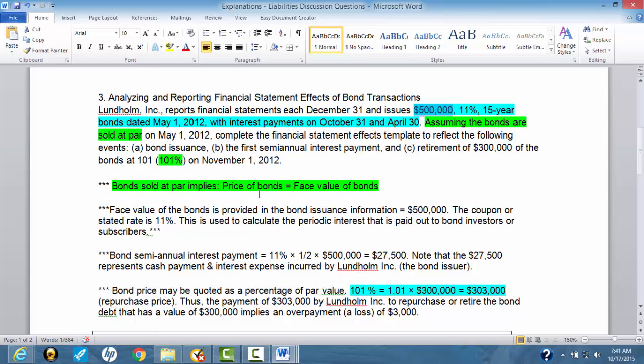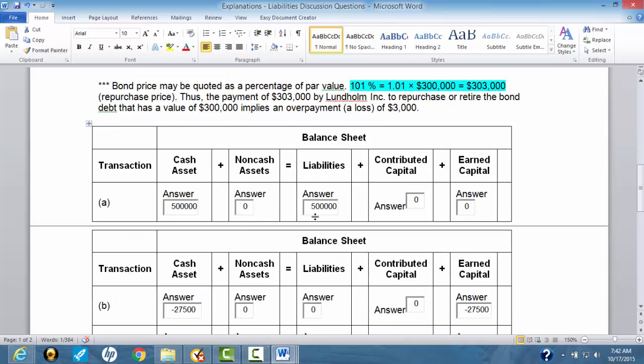Now we are told to complete the financial statements effects template to reflect the bond issuance. Let's start off with the bond issuance. The bonds were issued at par, so they were sold at 500,000. So the company received 500,000 cash, and it now has a liability, bonds payable, of 500,000, and the accounting equation is balanced.